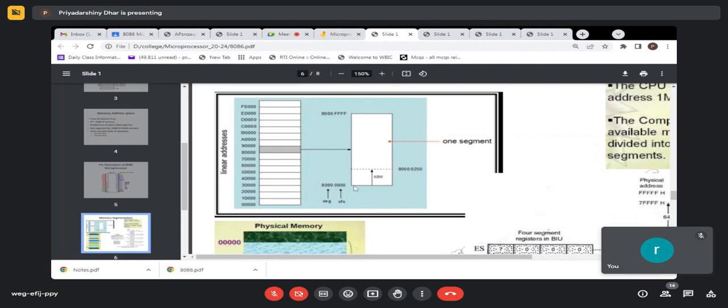This is 80,000, which means 8, and then the next four hex digits are present. So the ending address is 8FFFF. Clear?